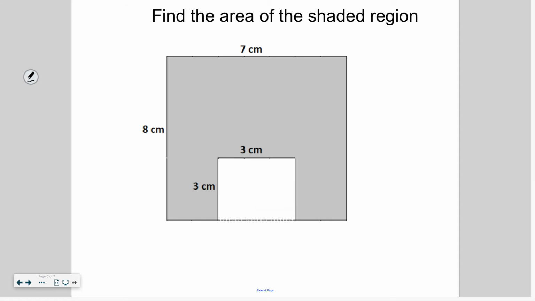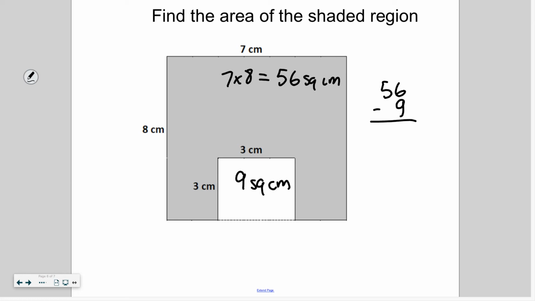All right, welcome back. So for this problem, I'm going to multiply 7 times 8, which gives me 56 square centimeters. And I know that this part here is 9 square centimeters because 3 times 3 is 9. And then I subtract the 9 from the 56.